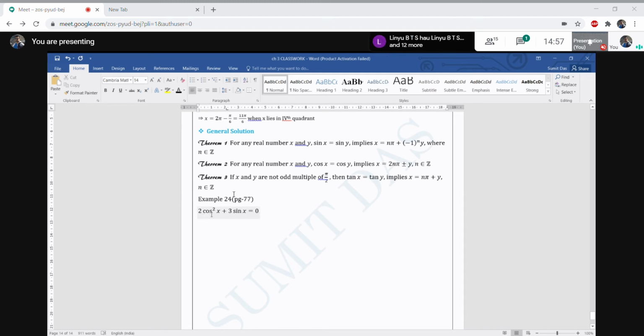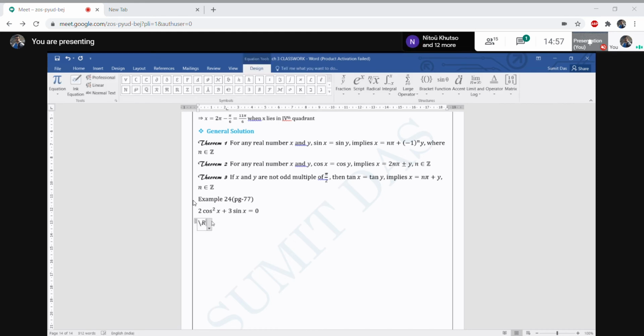But we have to make it all in sine, because sin x is there, so that we can use sin x as the quadratic variable. First, 2 in bracket we can write 1 minus sine square x, since cos square x equals 1 minus sine square x, plus 3 sin x equal to 0.